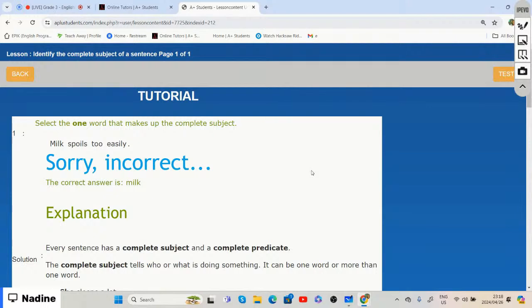So if we look at that sentence, what do you think is the subject within that sentence that either tells us who or what is doing something? It says milk spoils too easily. What do you think is the subject within that sentence? Milk spoils too easily.